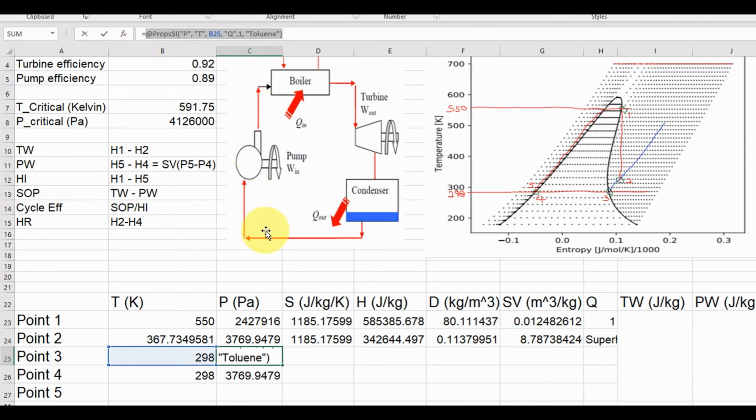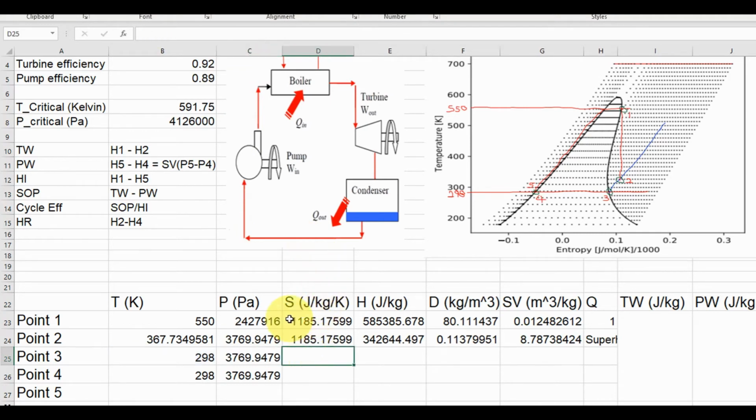So I copy this and then I come here and I paste it. So what I'm looking for is the entropy. So I change P to S. And I know my temperature. I know the quality of the fluid. And I can press enter. So this is the entropy at point 3.